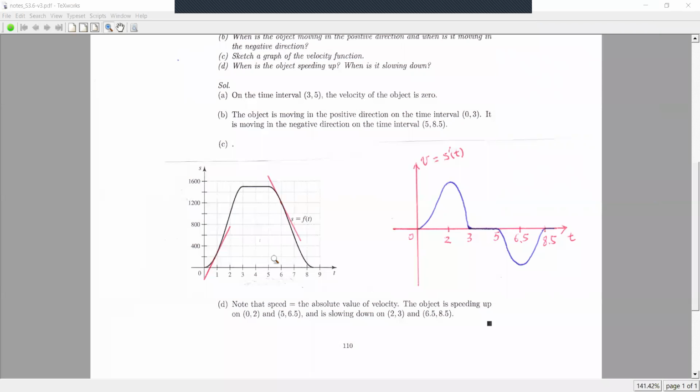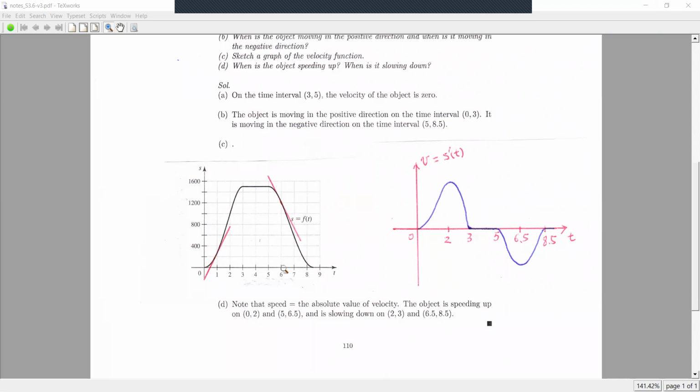The third piece is from 5 to 8.5. Between 5 and 8.5, any tangent line has negative slope. At time 5, the tangent line is horizontal. Therefore, at 5, the slope of the tangent line is 0.